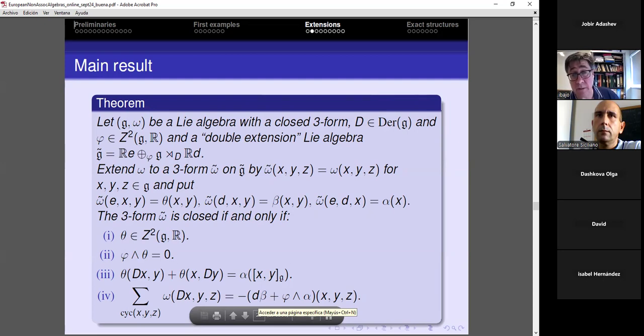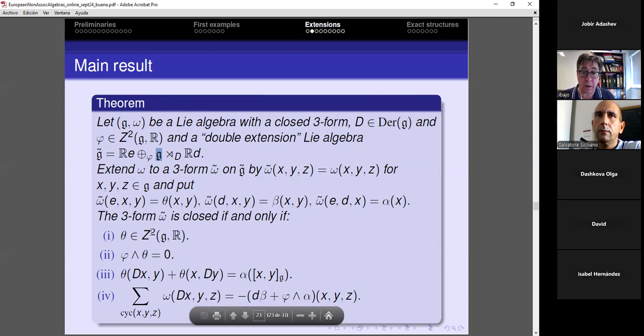So our first result, which was practically our main result, was to give conditions under which we could extend a closed three-form on the middle Lie algebra to a double extension, and to see under which conditions the new extended form would be at least closed. Maybe degenerate, but at least closed.